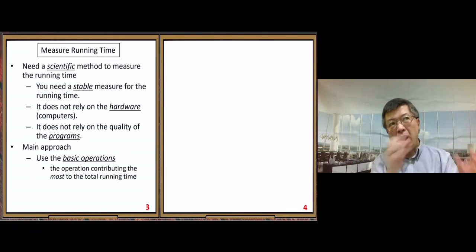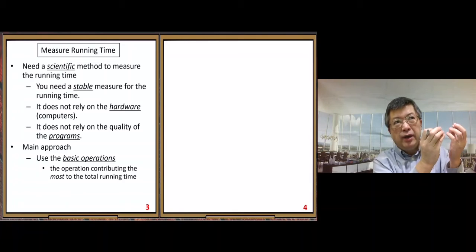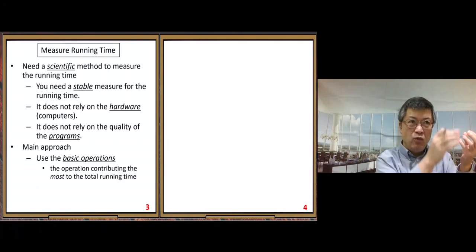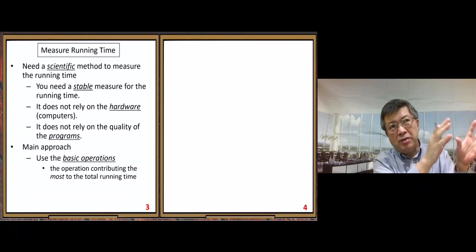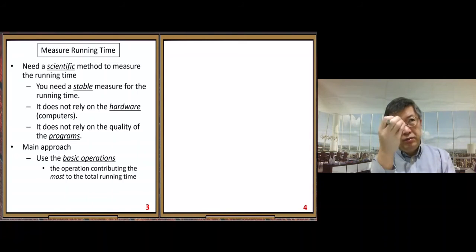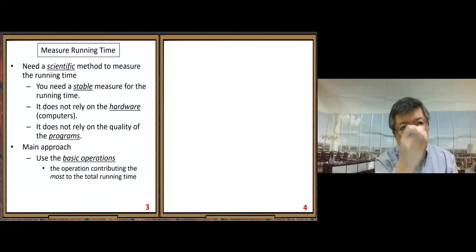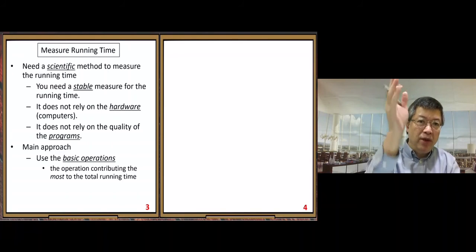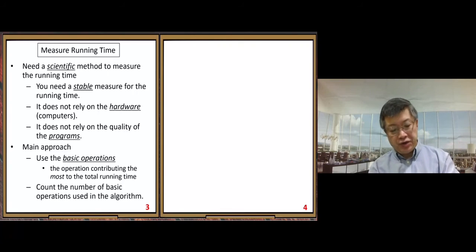Some operations, although slow, you only use once or twice, not many times, so you do not need to consider them. You consider the most frequently used operations. Then if we identify those basic operations, we just count the number of basic operations used in the algorithm.